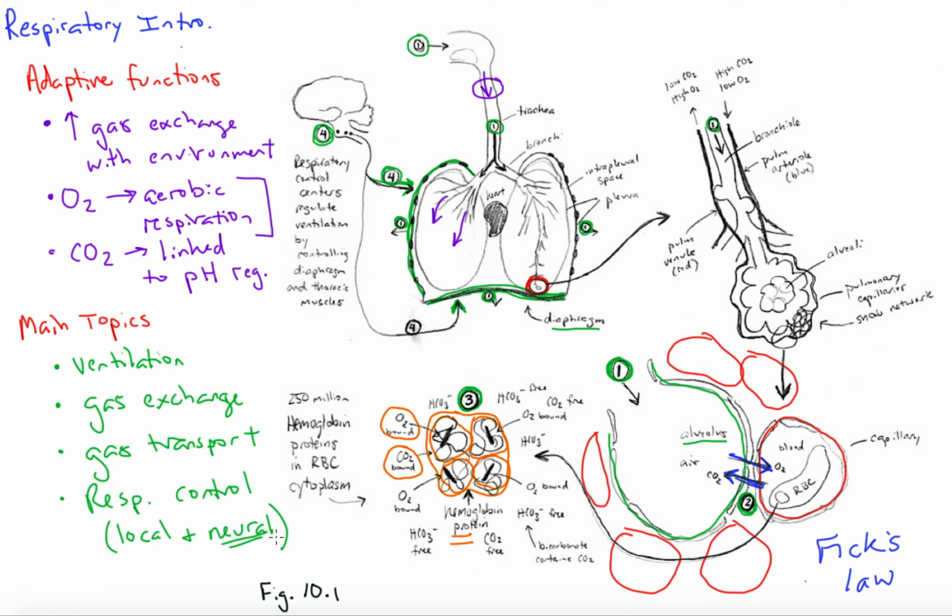There is no endocrine control of ventilation. The rationale, the logic behind that, is that hormones need to be secreted, diffused into the bloodstream, transported by the blood, diffused out of the blood, right? It takes many seconds, if not minutes, to generate an endocrine response, right?